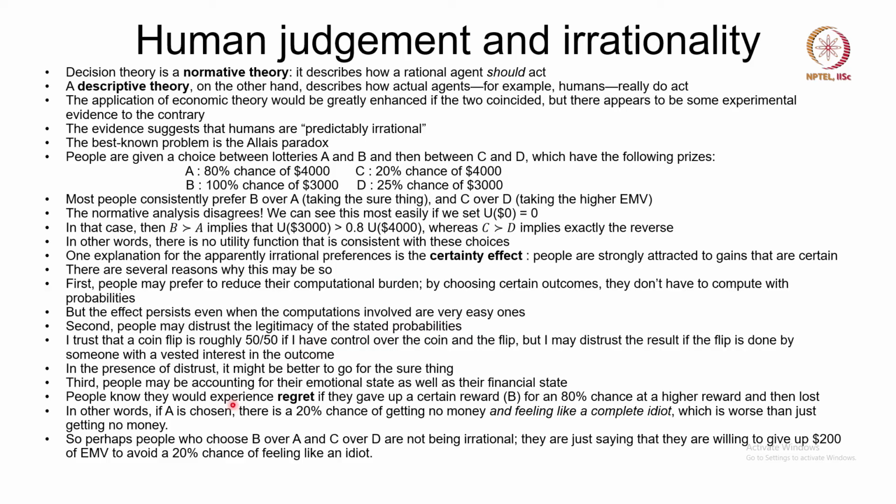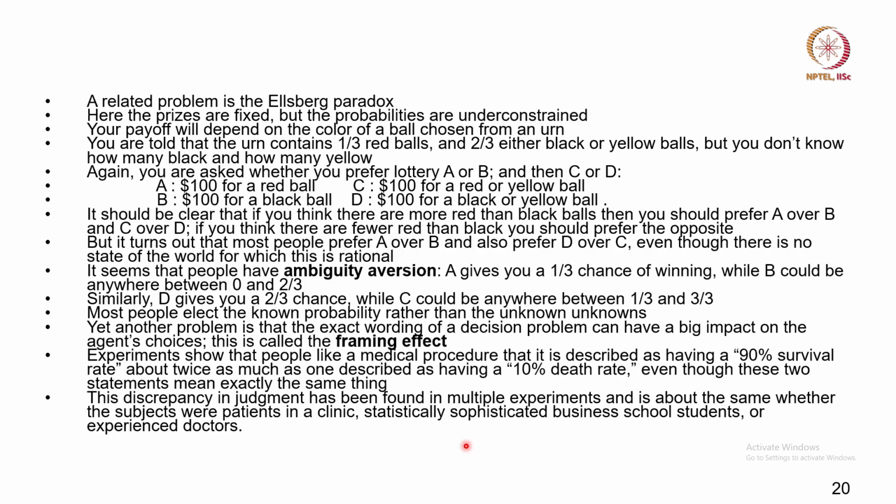For example, people know they would experience regret if they gave up a certain reward B for an 80% chance at a higher reward and then lost. So people who choose B over A and C over D are not being irrational. They just don't want to lose and then feel they made the wrong decision.